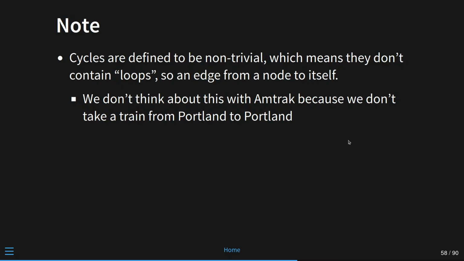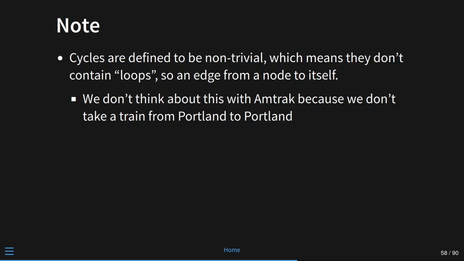By convention, cycles are defined to be non-trivial, which means you assume that the graph didn't start with any edges from a node to itself. So, can I take Amtrak from Portland to Portland without going to any other stop? No, I guess, right? You can walk into the station and walk back out.